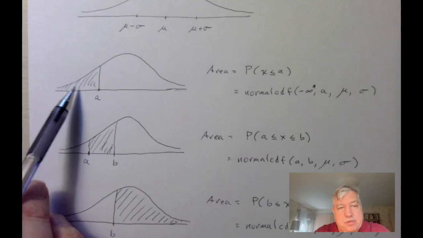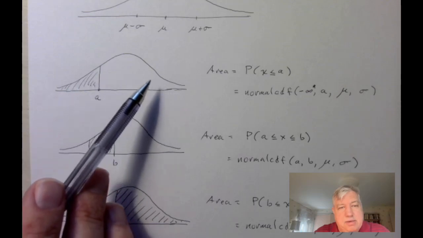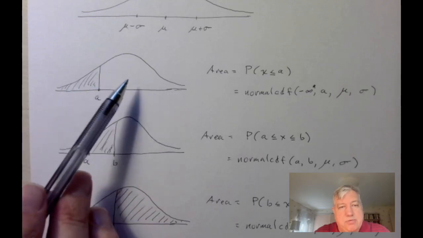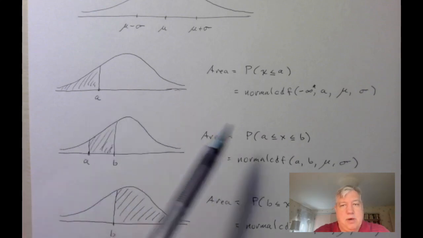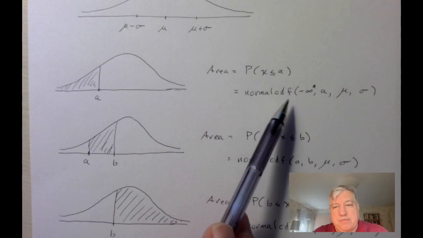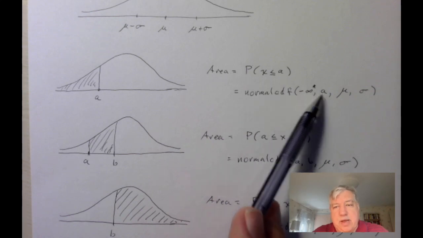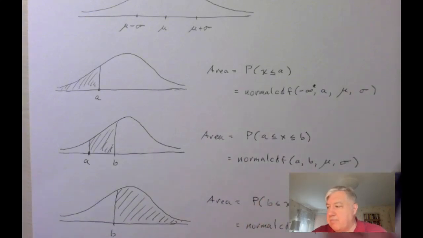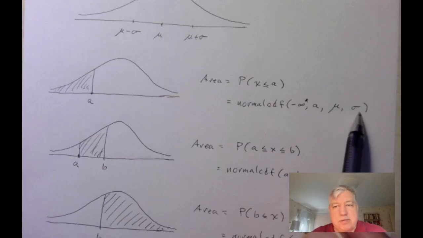Now the only difference is this is not a standard normal curve. So whereas normally we would use normal CDF with negative infinity, a, 0, 1, we just replace 0 with whatever the mean is and replace 1 with whatever the standard deviation is.